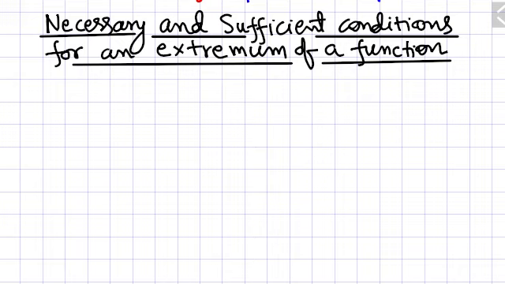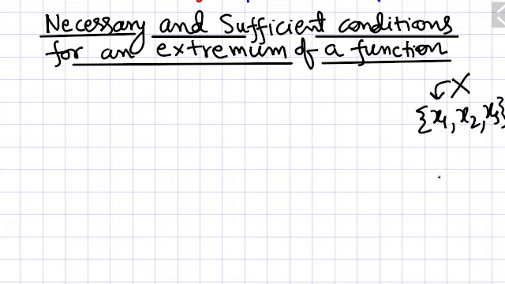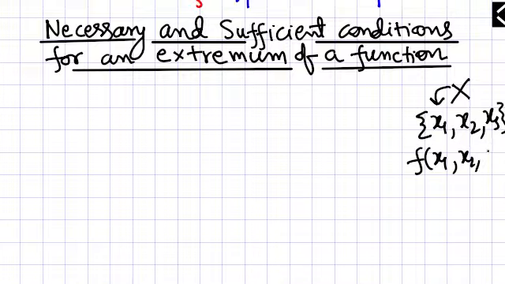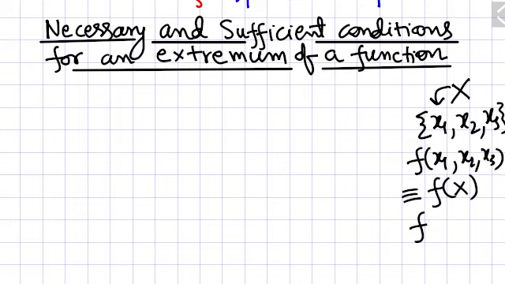So when I write x here, I am telling you that it is a set of our variables x1, x2, and so on. Suppose there are 3 variables, then x represents the set of these. Instead of writing the function as x1, x2, x3, I can write it directly like this. And in the book you will see, as I have told you many times, that a bold letter has been used for x to represent the set of these.